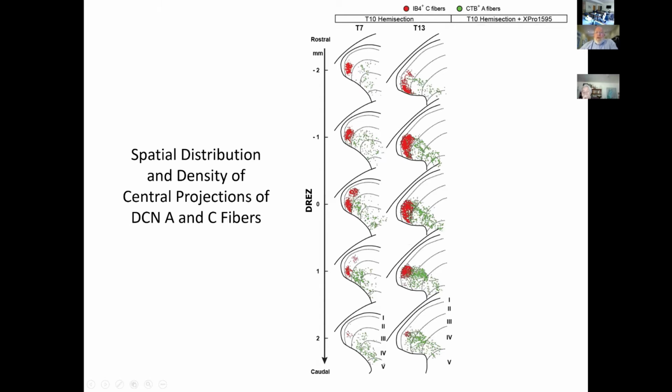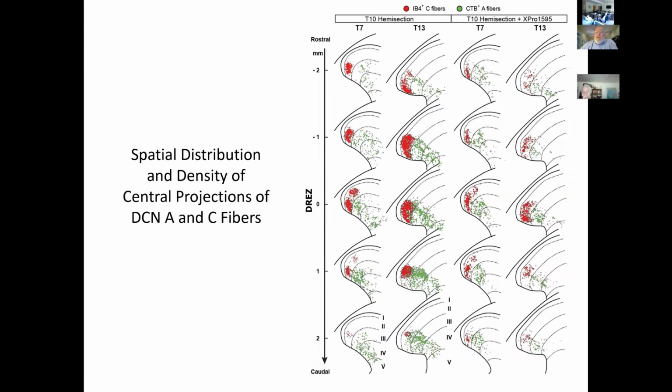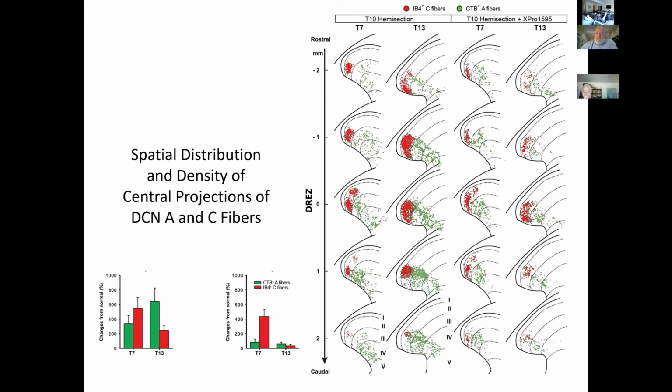Here's that sprouting that comes with the hyperreflexia. And after the injury plus 6 weeks of treatment, now we have much less sprouting. We sort of precluded it. So we have less reflex, normalization of the reflex, and largely normalization of the central projection.